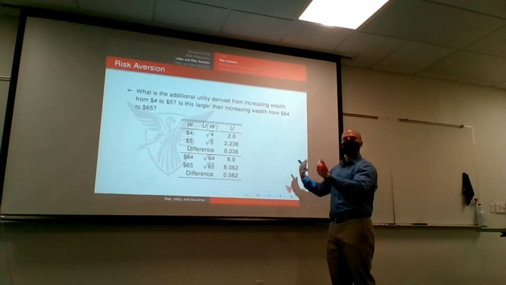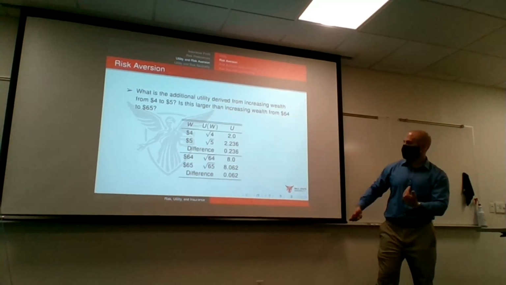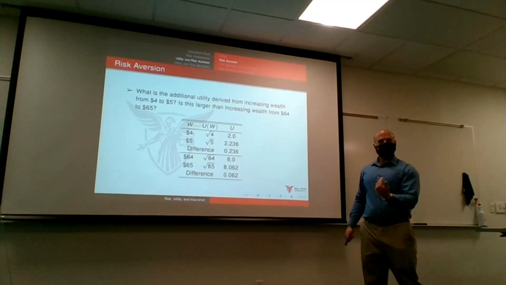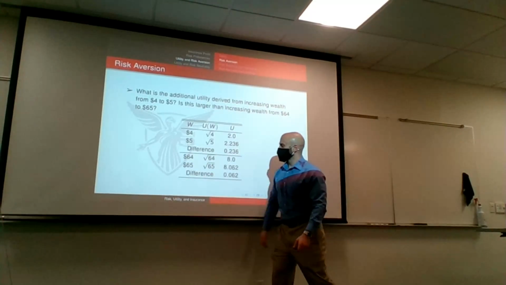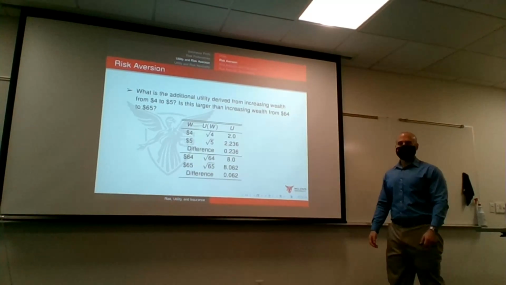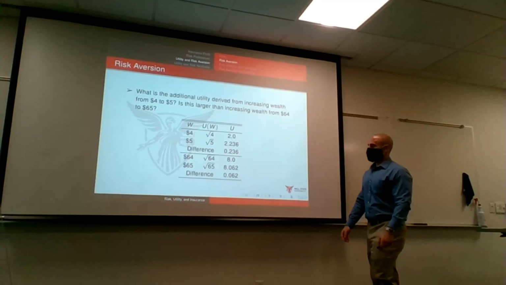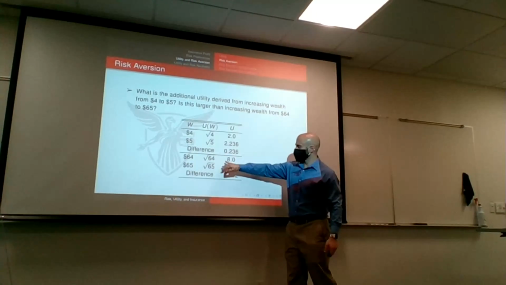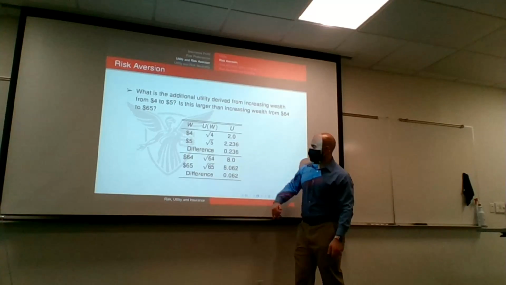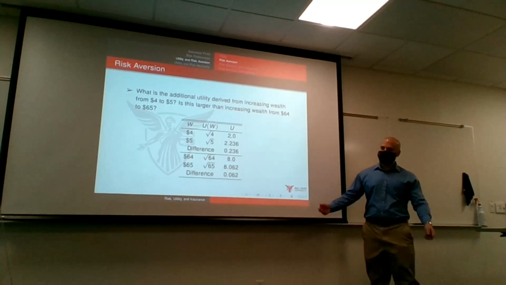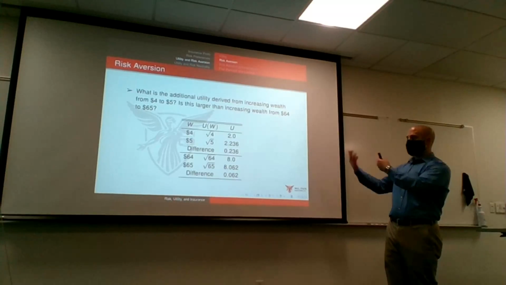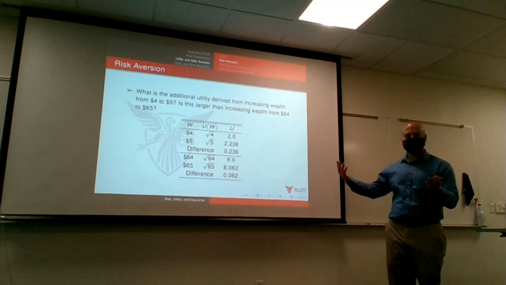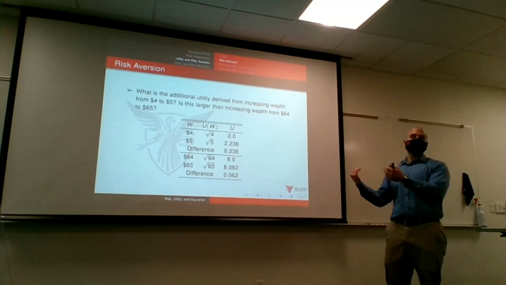So the square root of 4 compared to the square root of 5, that delta is 0.236. That same dollar from 64 to 65, the delta is only 0.062. So it's less. Mathematically, this fits because the first derivative is positive, but the second one is negative.